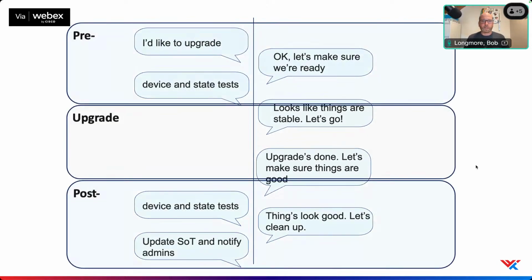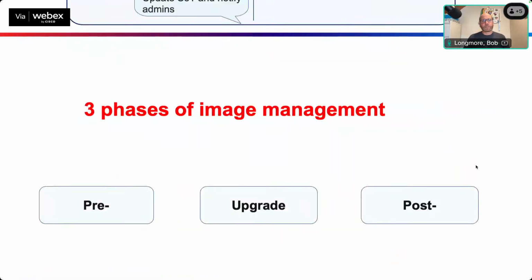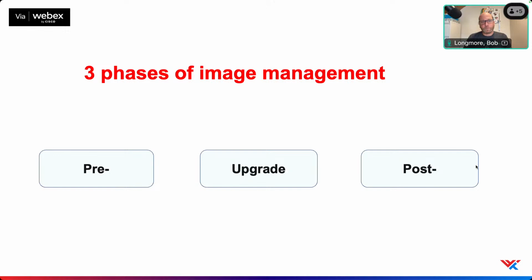And so if we want to divide these into these three phases, the pre and the upgrade and the post, with the upgrade being really the easiest part of these three phases.